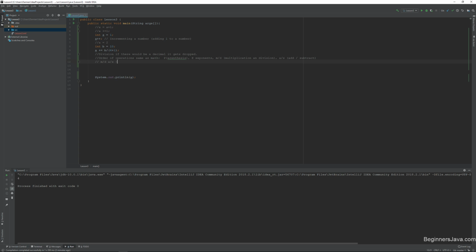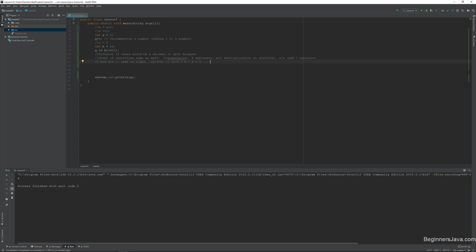But those are handled left to right, meaning if we have 12 divided by 3 times 2, this has 2 possible values, right? So if we do 12 divided by 3 equals 4, times 2 is 8, then that's fine, right? 4 multiplied by 2 equals 8.